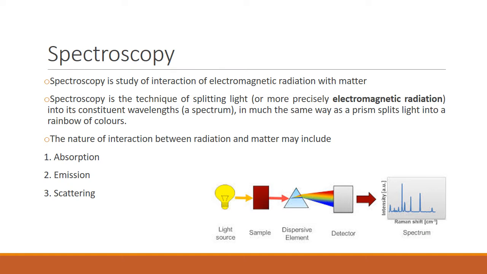Spectroscopy is defined as the study of interaction of electromagnetic radiation with a corresponding matter. The interaction is studied for understanding the chemical composition of the system. Now, in spectroscopic techniques, the light, which is an electromagnetic radiation, will be split into its constituent wavelengths.